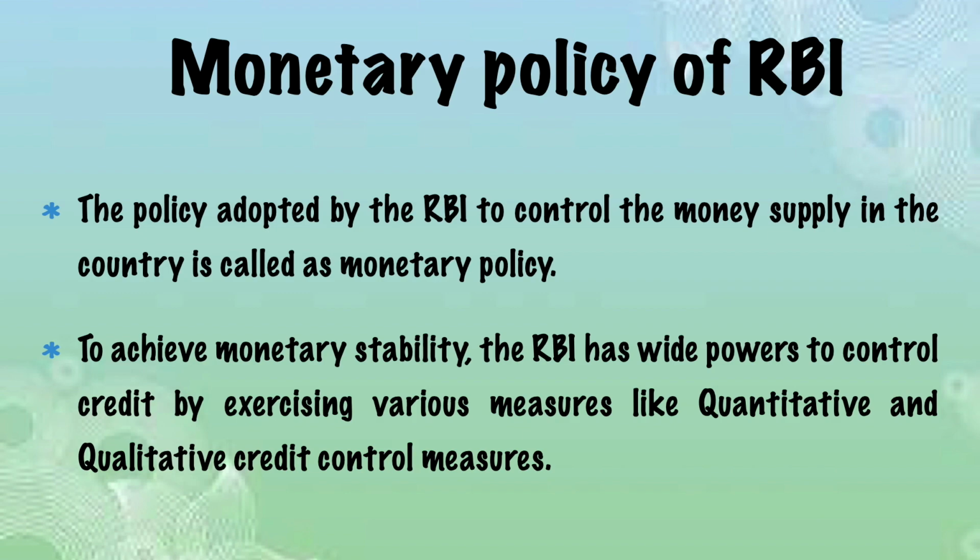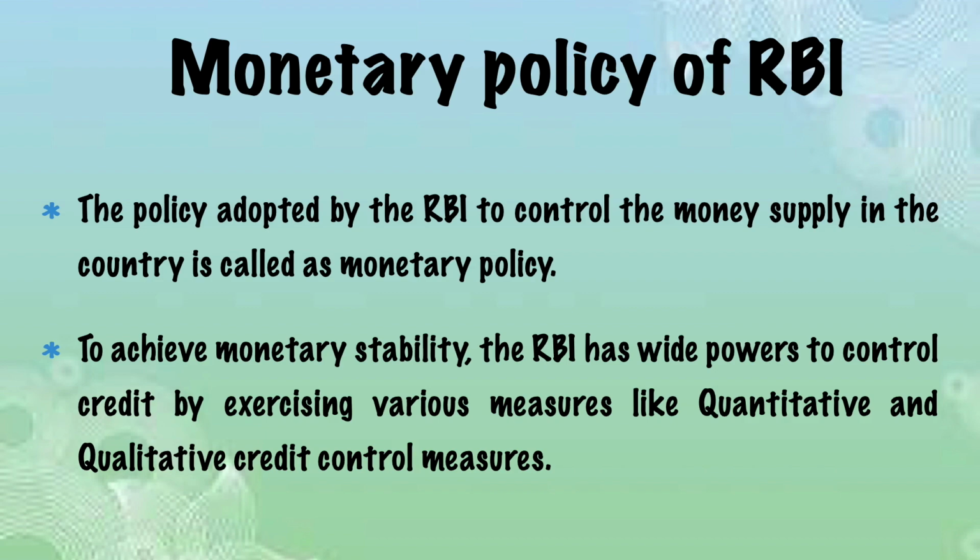Because every step the government takes, every decision it is going to take, maybe in the parliament, in the budget, etc., all these decisions must lead to the development of the economy, correct? So in order to control the money supply, the government needs to focus on what? Price stability with growth. Price stability is the necessary precondition for sustainable growth of the economy.